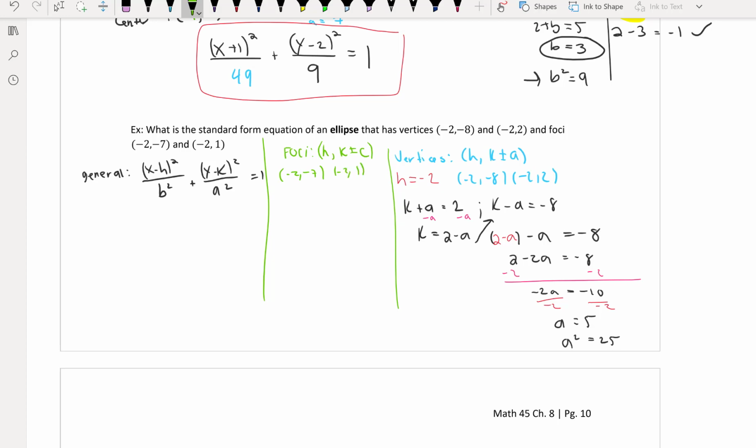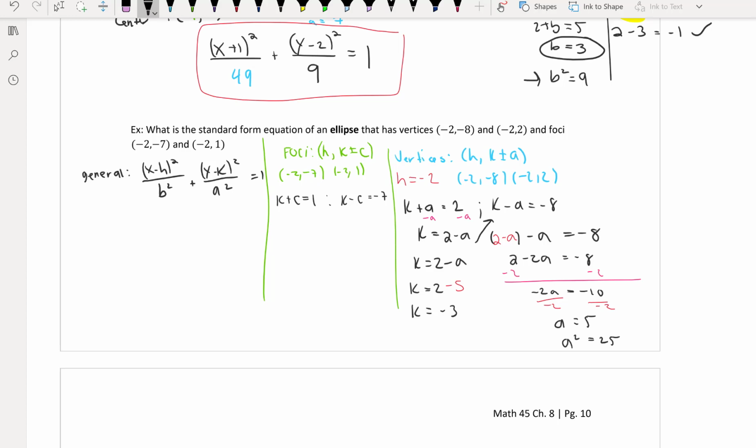So what that tells me is that k plus c is equal to 1, and I also have that k minus c is equal to -7. And here I already know what that k value is. That k value was equal to 2 minus a, and that a value that I got was 5. So I know that my k should equal -3.